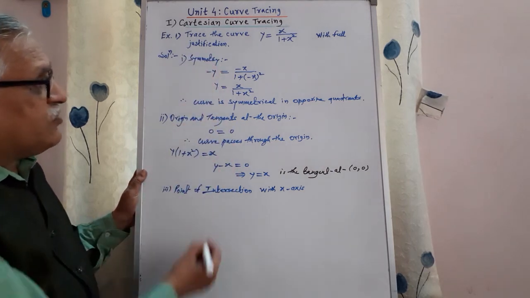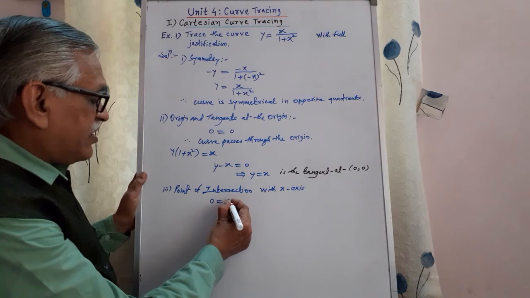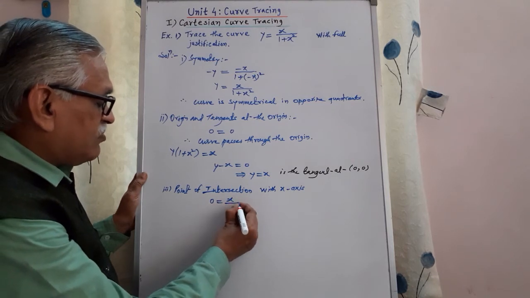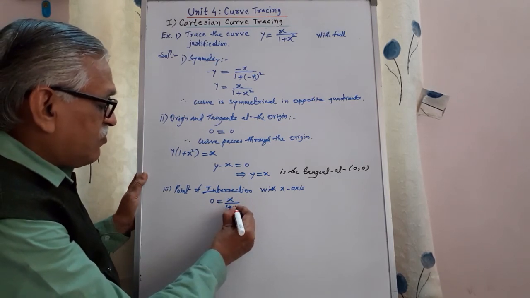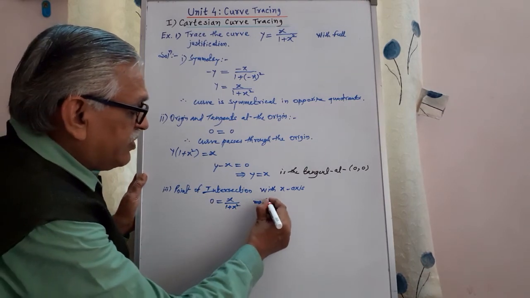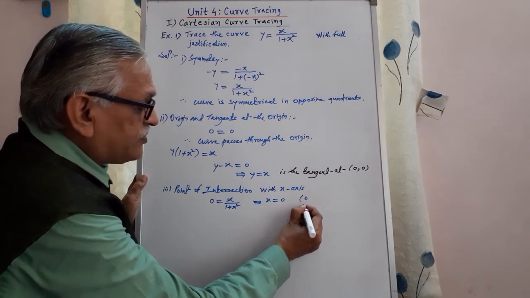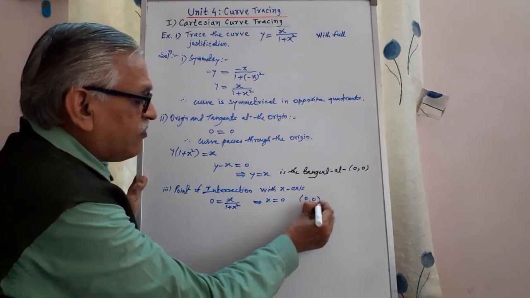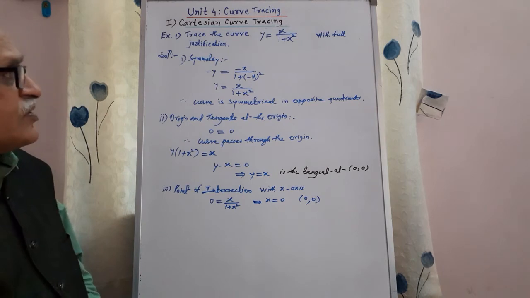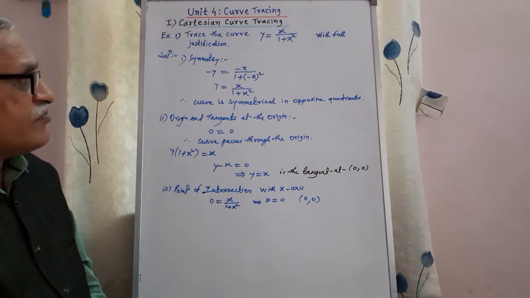Therefore, if we put y equals to 0, it is x upon 1 plus x square. Cross multiplying it, we get x equals to 0. Therefore, point of intersection is x 0 when y 0.